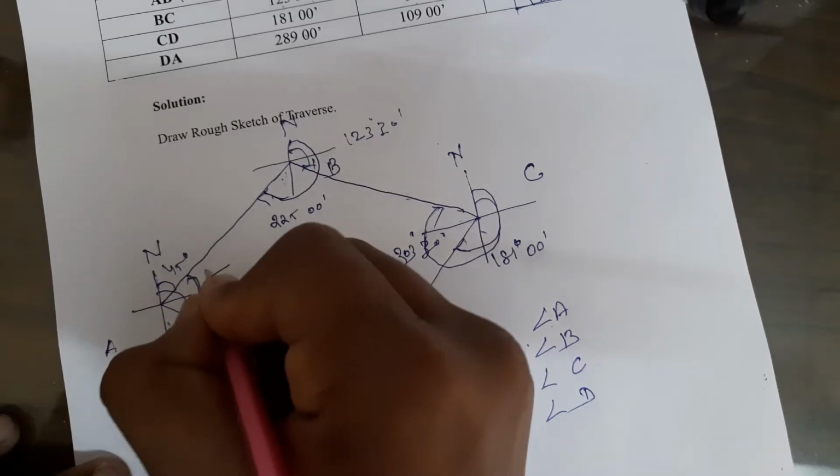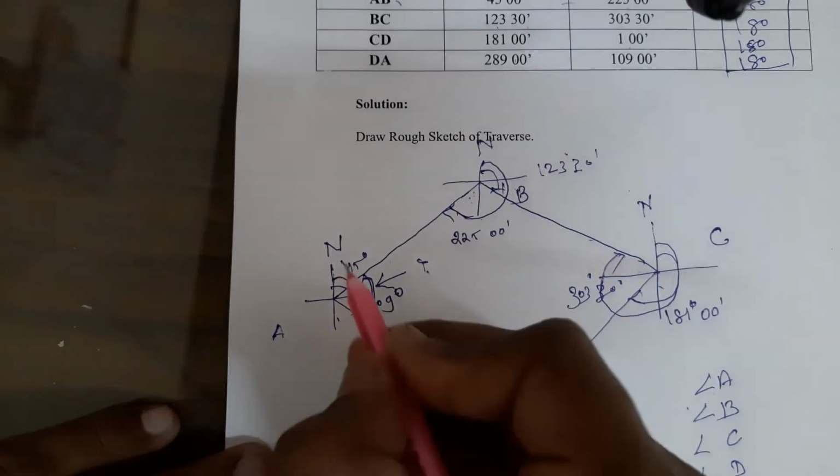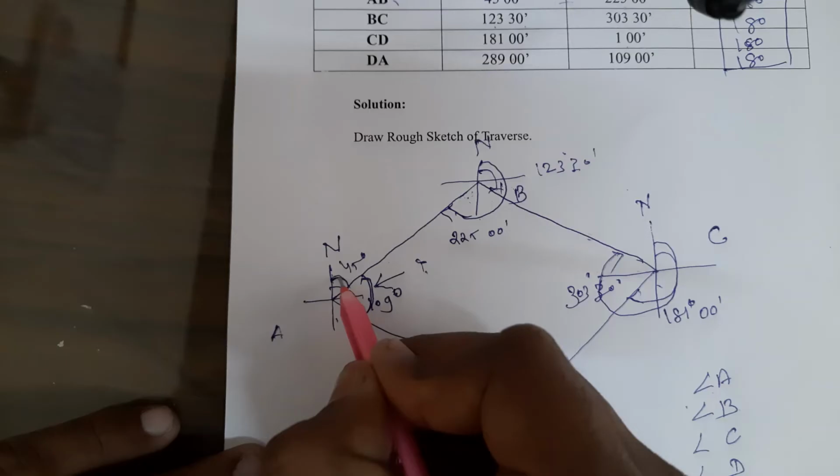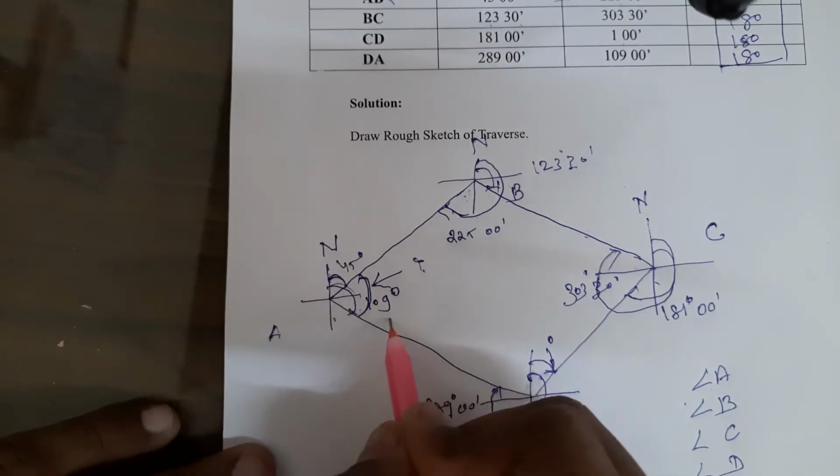Okay, this angle. So how do we calculate angle A? We have this bearing, it is 45, and this angle is 109.